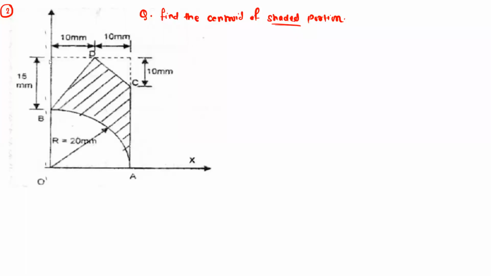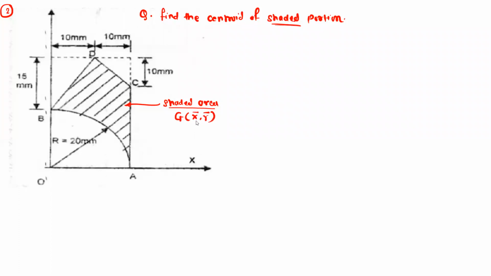So if you observe the given geometry, this is the required area, which is the shaded area. For this shaded area, we have to find out the centroid, that is the coordinate of the centroid. So we have to locate G, X bar and Y bar.